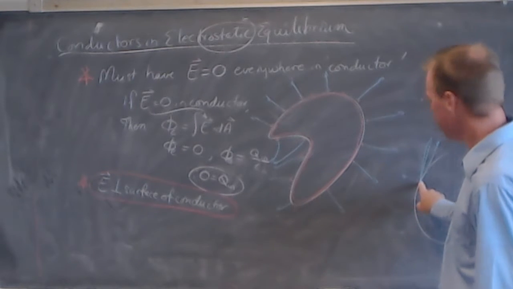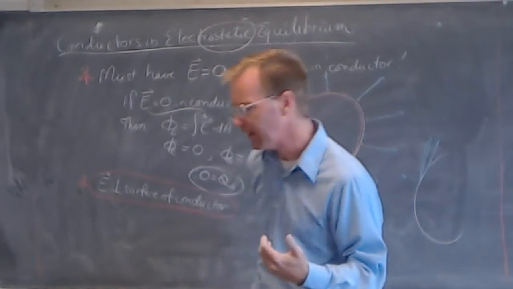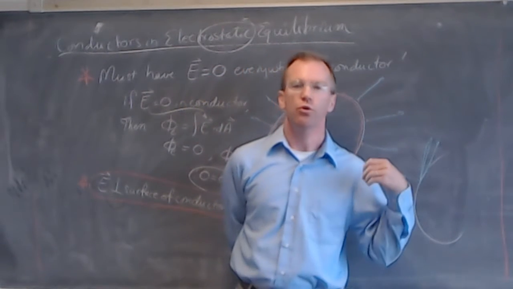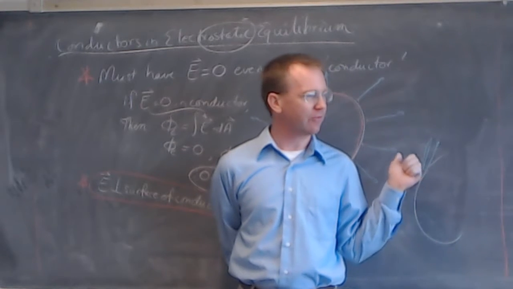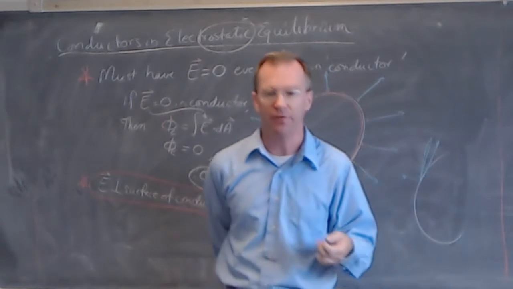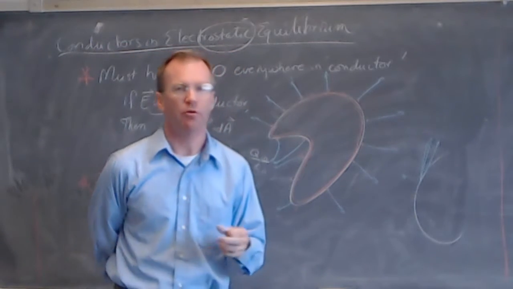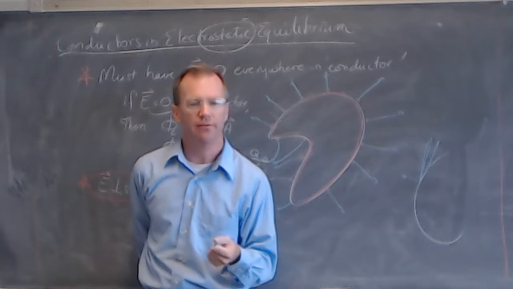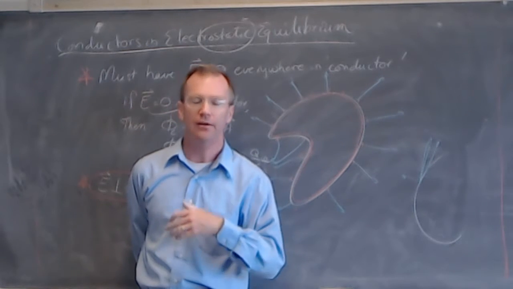If there is a component parallel to the surface, then the force exerted by that field would accelerate the charge that's there. And if it accelerates the charge, then the charge moves, and then we don't have an electrostatic case.